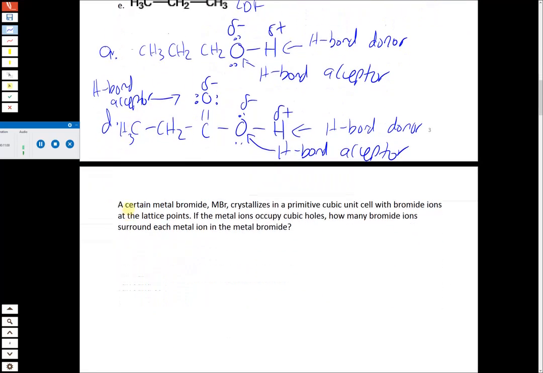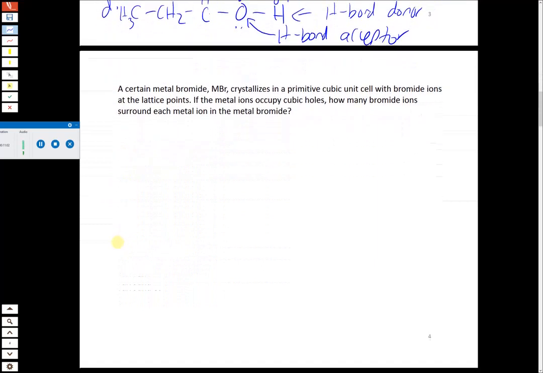Okay. The next question here deals with the crystal structures of ionic compounds. So we have a metal bromide, MBr, which crystallizes in a primitive cubic unit cell with bromide ions at the lattice points. So it says primitive cubic here. So what we're going to have is a cubic unit cell, and I always do a bad job of drawing that.